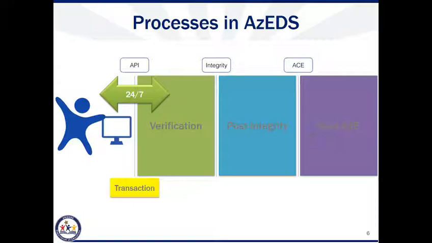So that, for the better part, is open 24/7 for your SIS to communicate however frequently you have determined for it to communicate, whether it be every single time a student data element changes within your SIS, every hour, once a week, at minimum every 20 days. And so again, that's available 24/7.